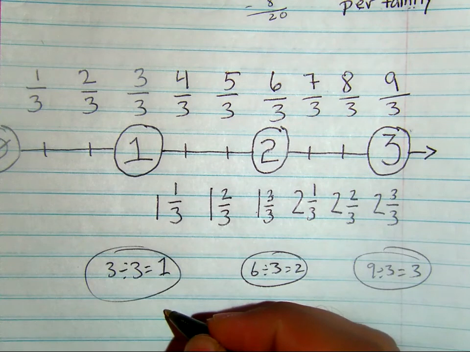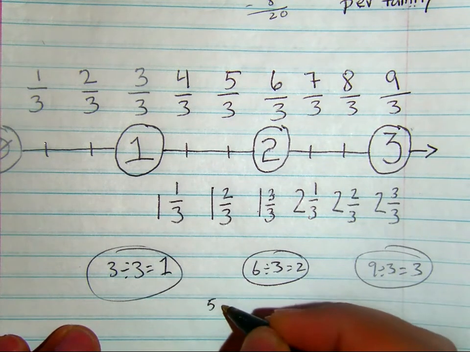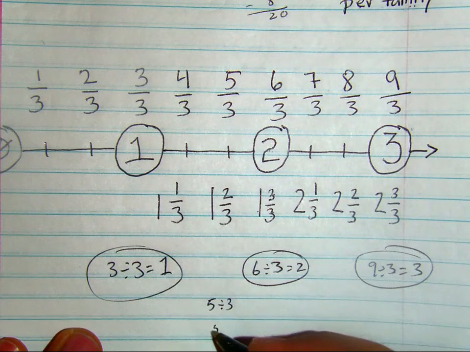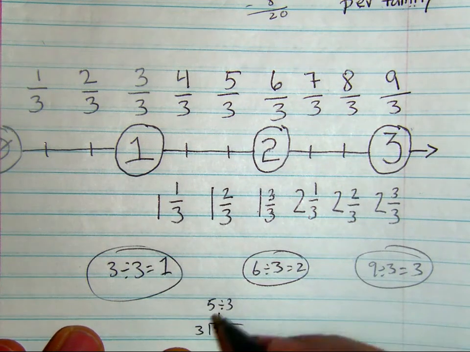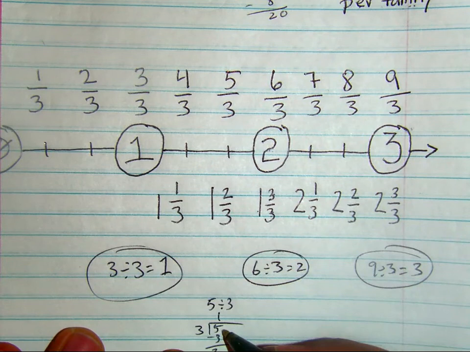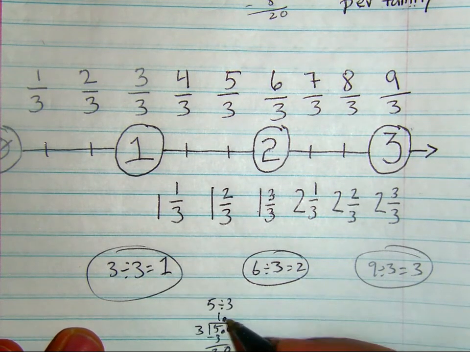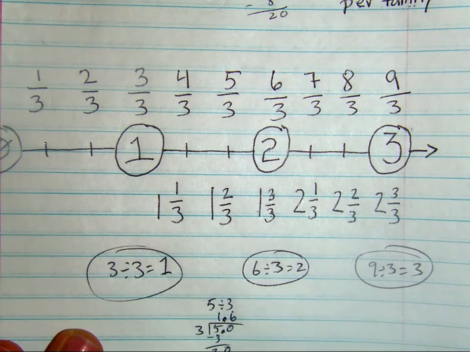If you look at 5 divided by 3, 3 goes into 5 once, with 2 left over. You have to add the decimal and the 0, bring down the decimal, bring down the 0. 3 goes into 20, here's a decimal there, 6 times. That gives you 2 left over.